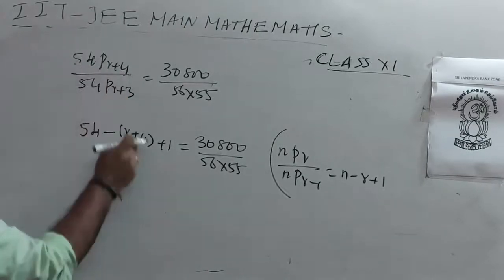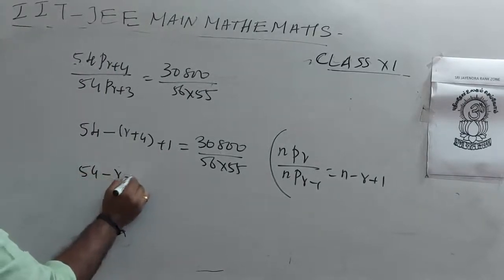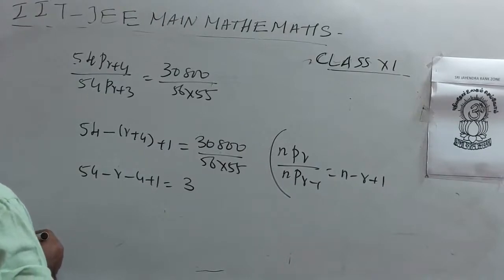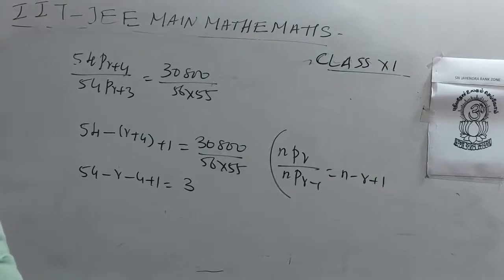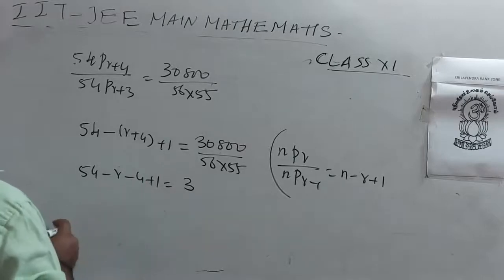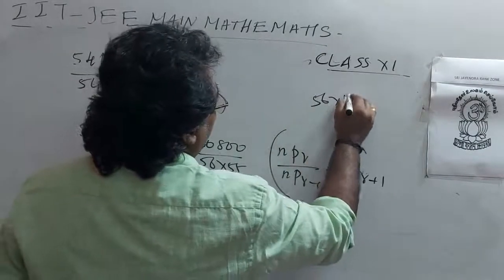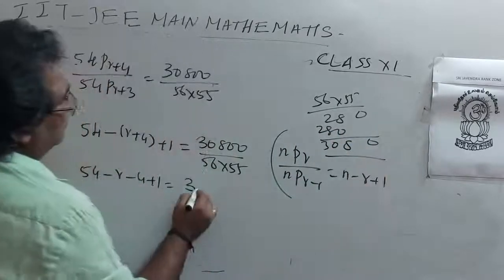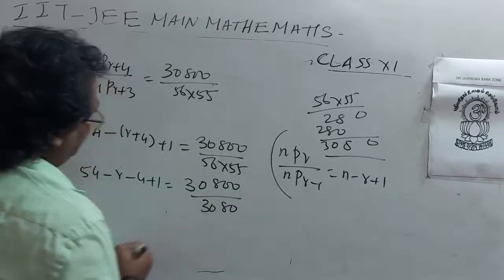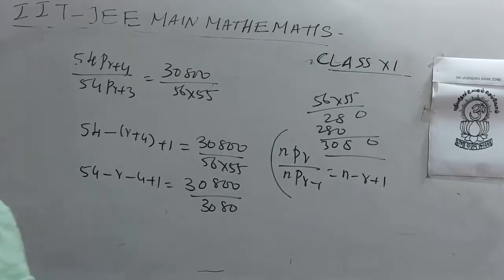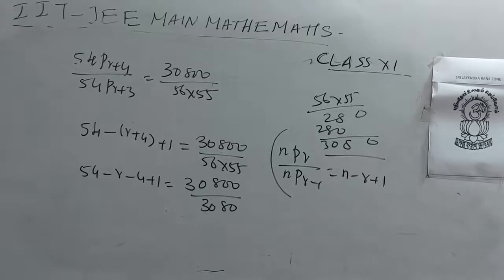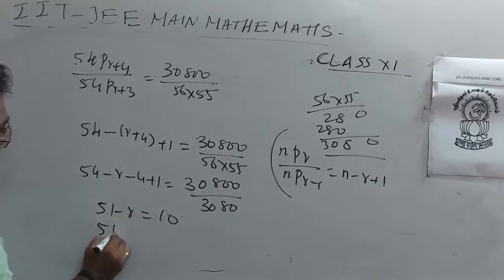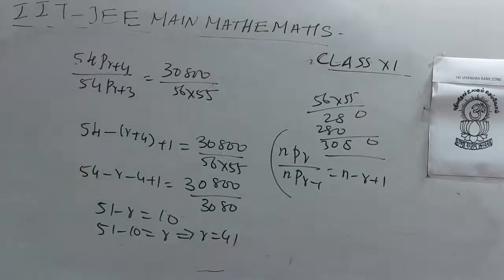Using this, 54 minus r minus 4 plus 1 equals 10, so 15 minus 10 equals r, which implies r equals 41.